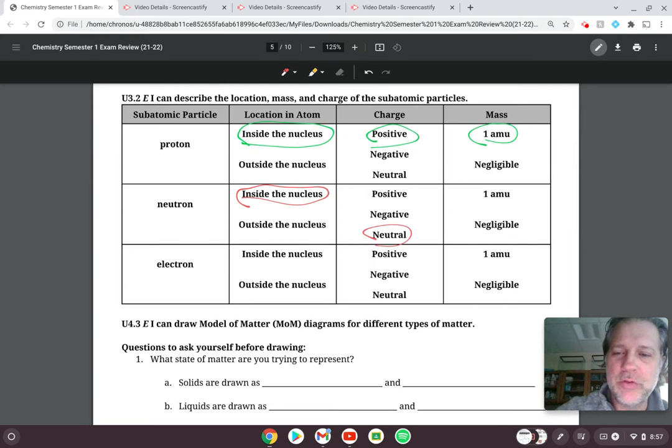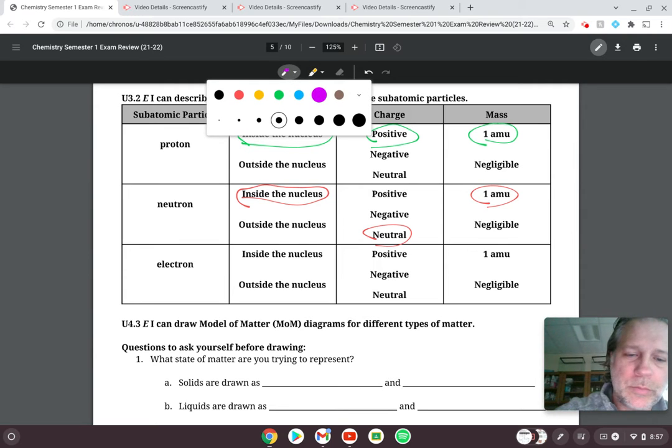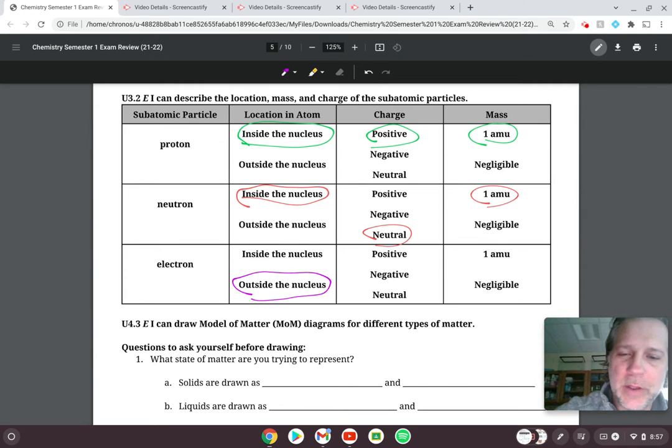It has a neutral charge, and its mass is also equal to roughly 1 atomic mass unit, or 1 unit of mass. Now, the electron is located outside of the nucleus. It has a negative charge, and its mass is negligible, meaning it is so small that compared to the mass of a proton or the mass of a neutron, it almost has a mass of nothing. It has mass, but it's really tiny.